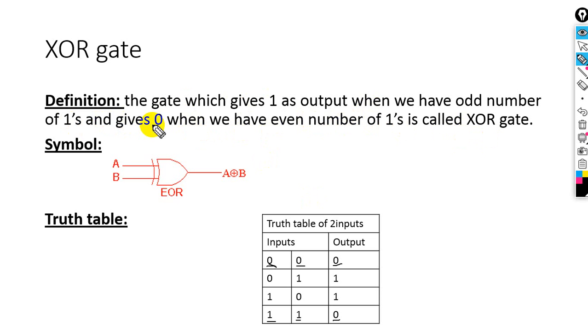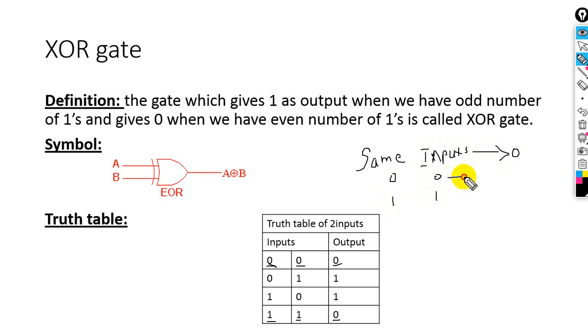We can also define this: when we have the same inputs, the output will be 0. So here we have two cases, 0 0 and 1 1.